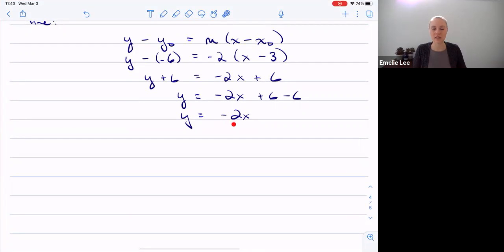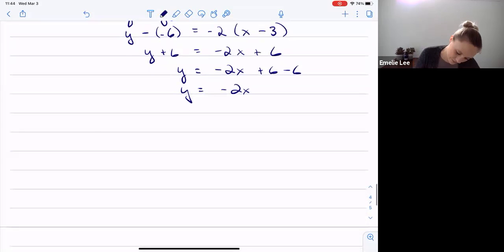Knowing the slope of the tangent line, I could also think of this as the instantaneous rate of change. At x equals 3, the instantaneous rate of change is -2, so it's decreasing at a rate of 2.